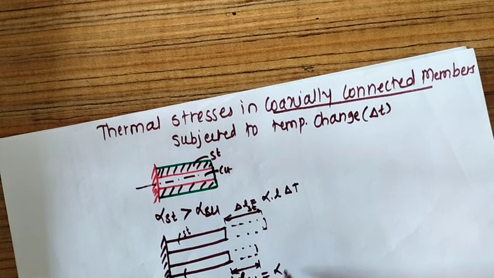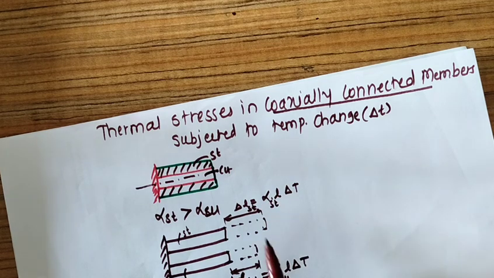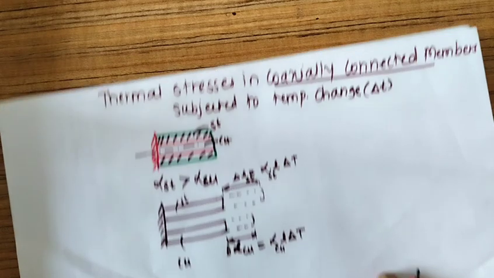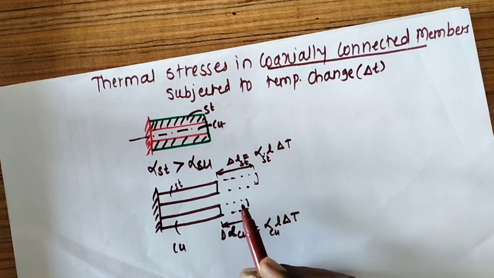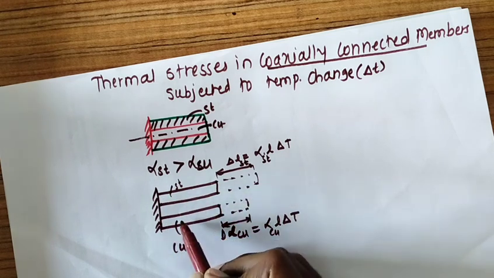It is equal to alpha L delta T, alpha copper for copper, and alpha steel for steel. As the thermal expansion of steel is greater than copper, its free expansion is more than that of the copper. But this happens when they are free, not connected together. This bar is separate, and this bar is separate.